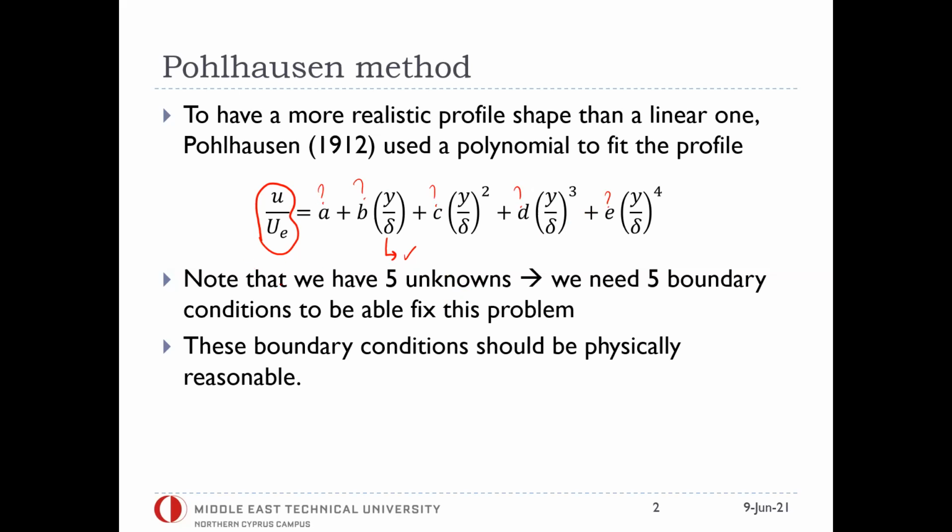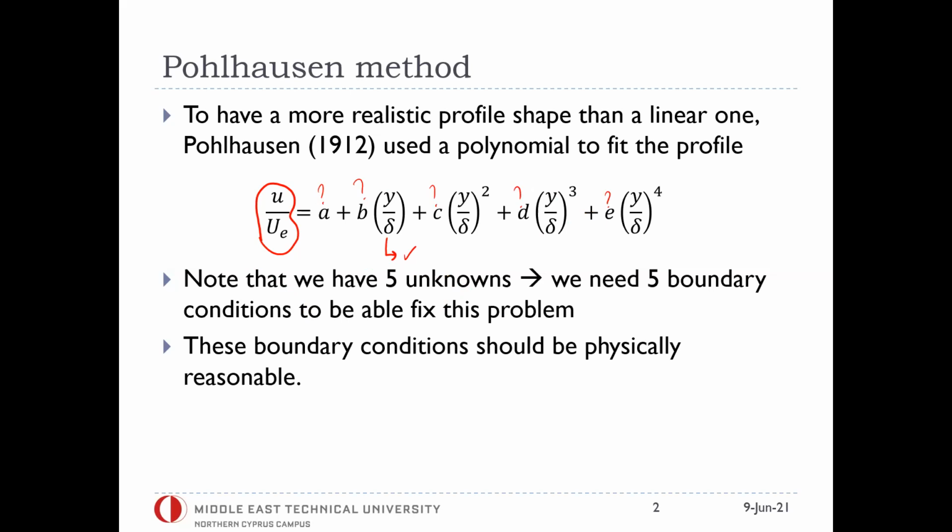So first of all, we need to determine what those coefficients are, and then do all the integrations and everything to obtain the variations of delta, delta star, and theta, and therefore H with respect to x.